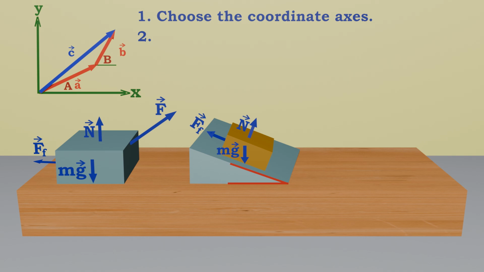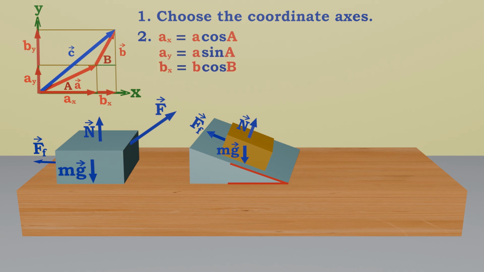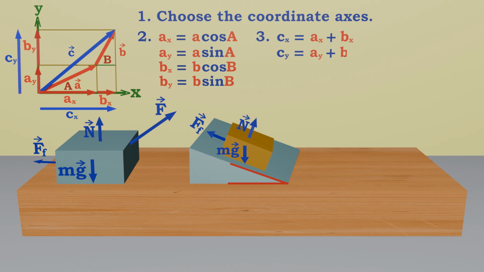Step 2. Resolve each vector into its components along the axis. Step 3. Add the components along each axis to get the components of the resulting vector. Step 4.